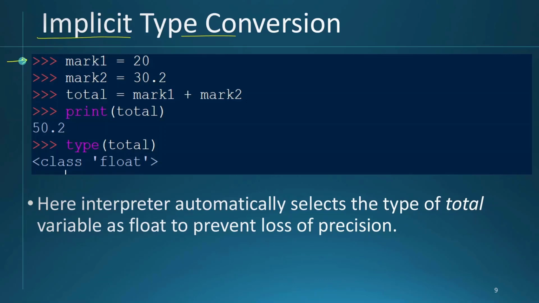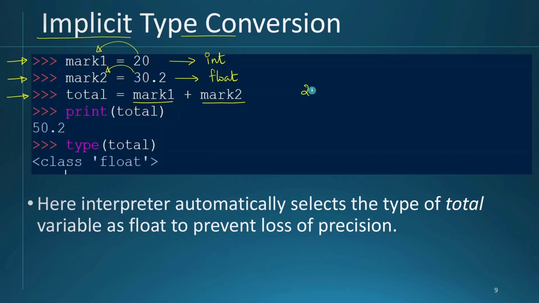In the first statement, I am storing value 20 to mark 1. So we can understand the type of mark 1 is int because it is storing an integer value 20. Now in the second statement, I am storing 30.2 to mark 2. So the type of this variable mark 2 is float because it is storing a decimal value. And in the third statement, you can see I am adding mark 1 with mark 2.